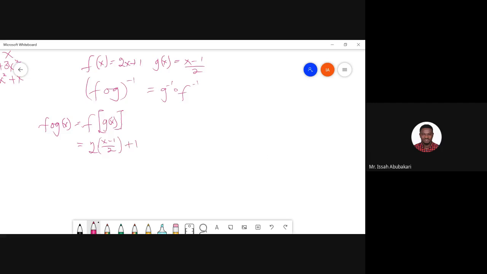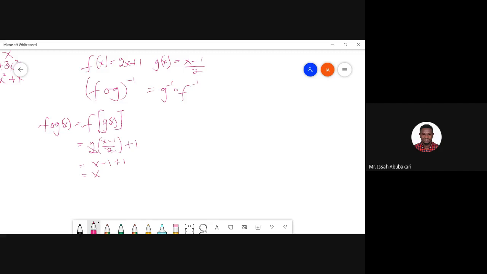Now let's expand the brackets. So we are going to have x minus 1 plus 1, because the 2 can cancel this 2. Or we can multiply through, and then we divide also. It's the same. So at the end, you're going to have this to be equal to x.